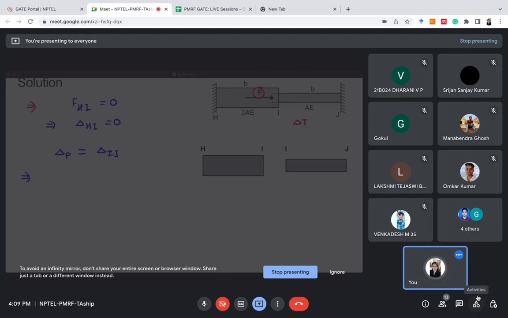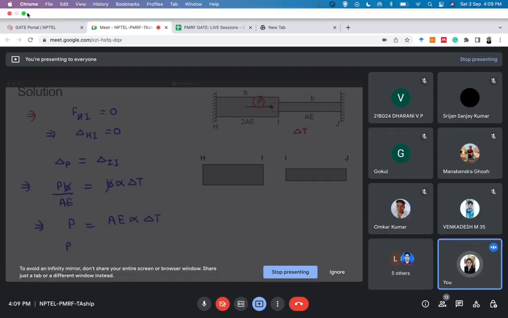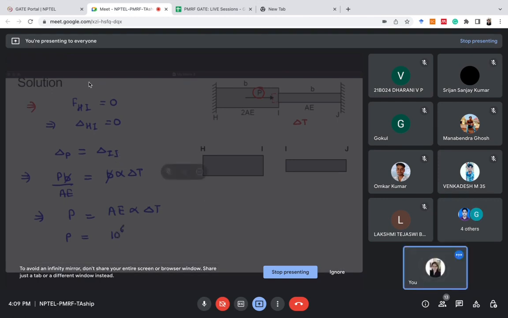So let us equate these two deformations. Delta P will be P times the length of bar B by AE. The deformation due to the increase in temperature delta T will be the length of the bar times alpha delta T. So the value of P will be, B will be cancelled, AE alpha delta T. The value of AE is 10 to the power 6, alpha is given as 10 to the power minus 6, and the change in temperature is 50 degrees Celsius.